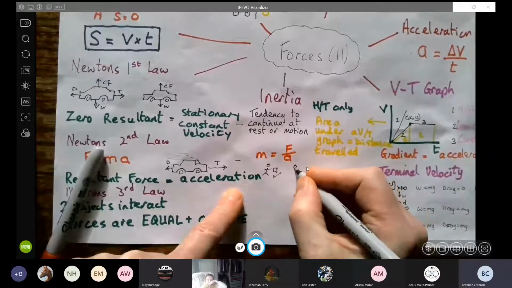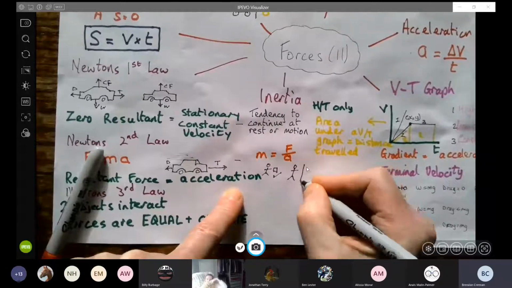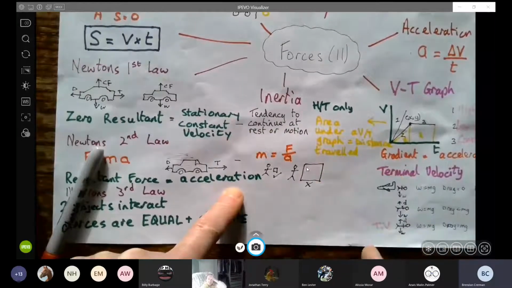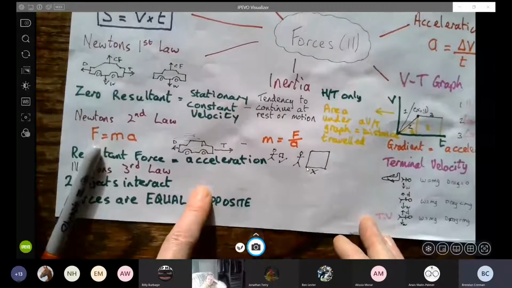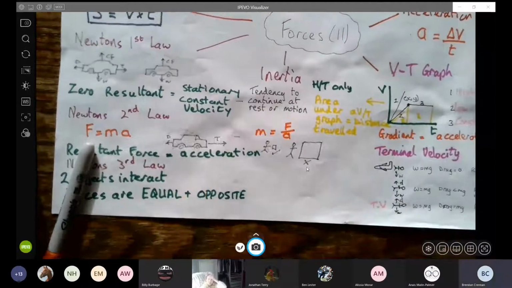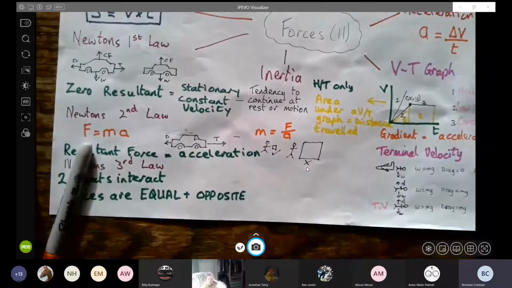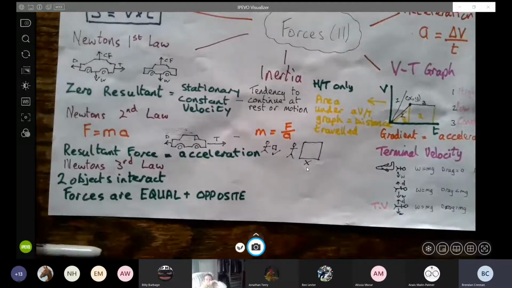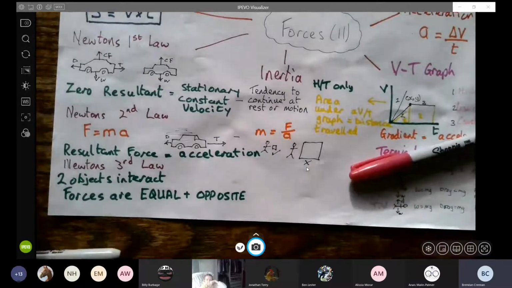If it's a huge, big mass like that, it's not going to move at all. Inertia is what you all experience in the morning when your alarm goes off and you don't want to move. The tendency of an object to continue at rest, lying in your bed. That is what inertial mass is.